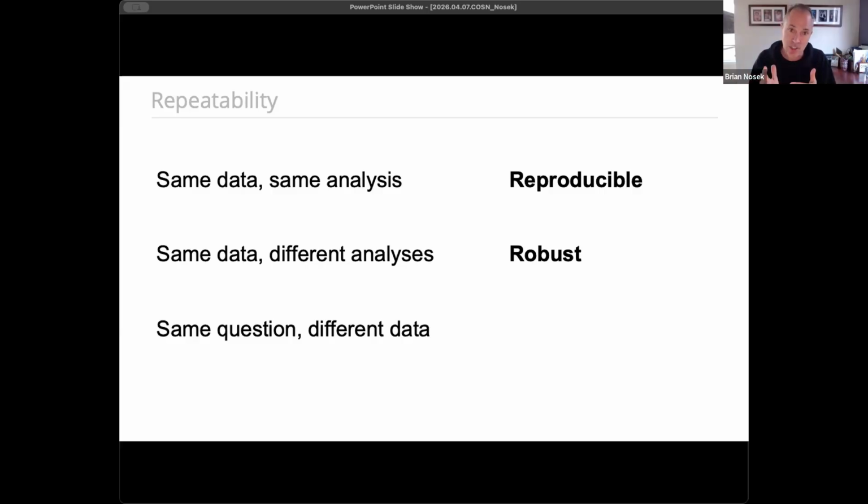When you make different decisions about what data to include or exclude, what model to use, or how you are combining the measures, those decisions may have consequences for the results, and knowing how much variation there is is a question of robustness. The third topic of core interest is when we ask the same question, but in different data, do we observe similar evidence as the original research?